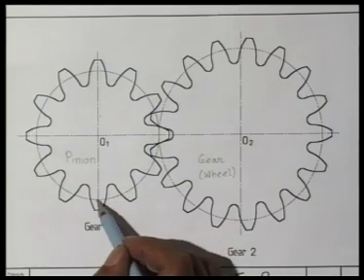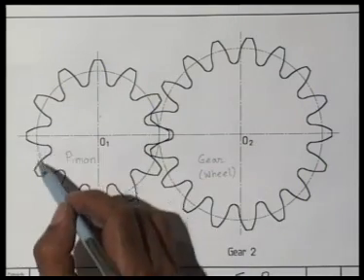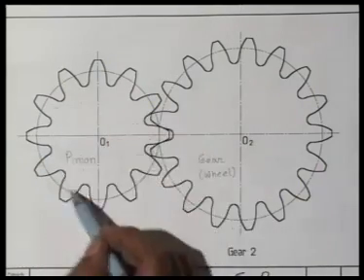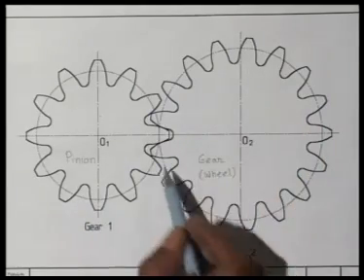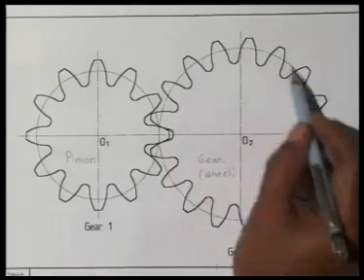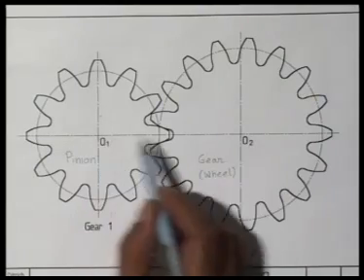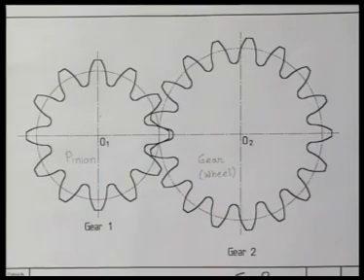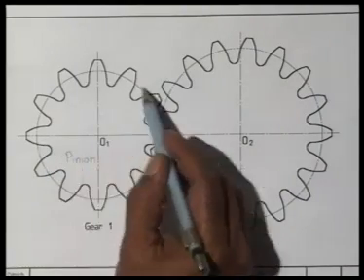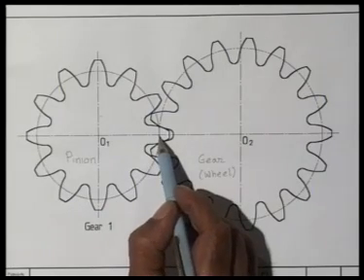Now let us observe these two circles which are drawn on gear number 1 and gear number 2 touching each other, and the centers of these gears are at O1 and O2 respectively. These two circles touch each other at this point.